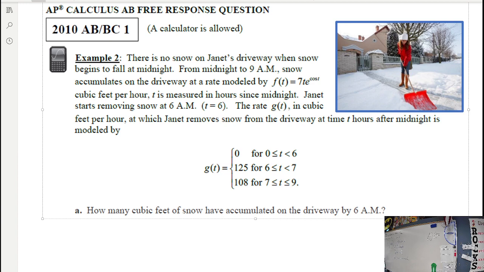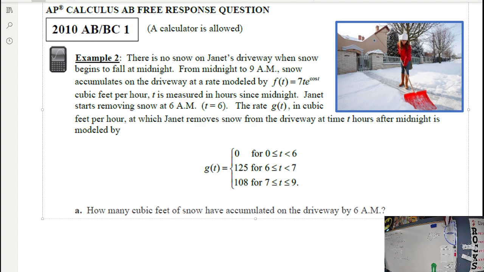All right, so we've got two functions here. How many cubic feet of snow have accumulated on the driveway by 6 a.m.? Do we need g of t for this question? G of t talks about removal of snow, whereas this is asking how much has accumulated. We can't look at the 125.